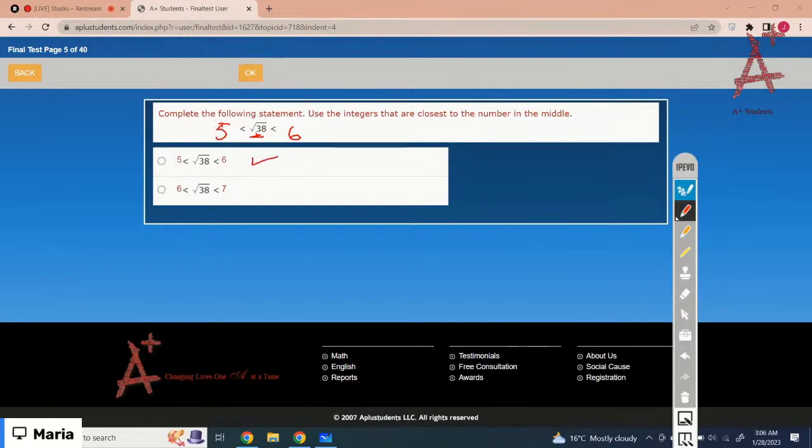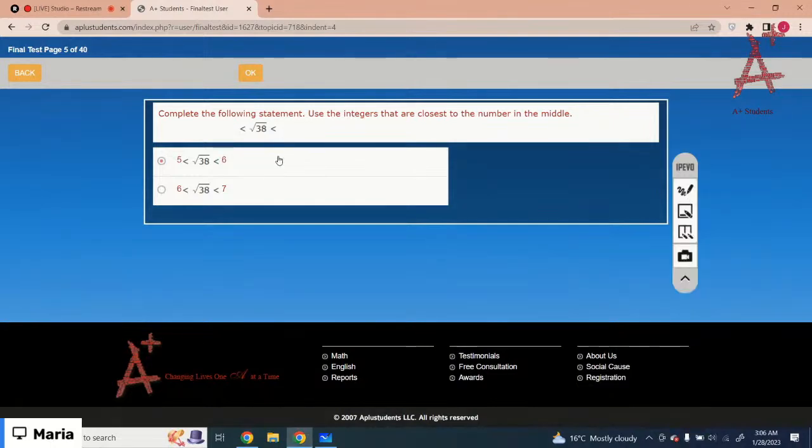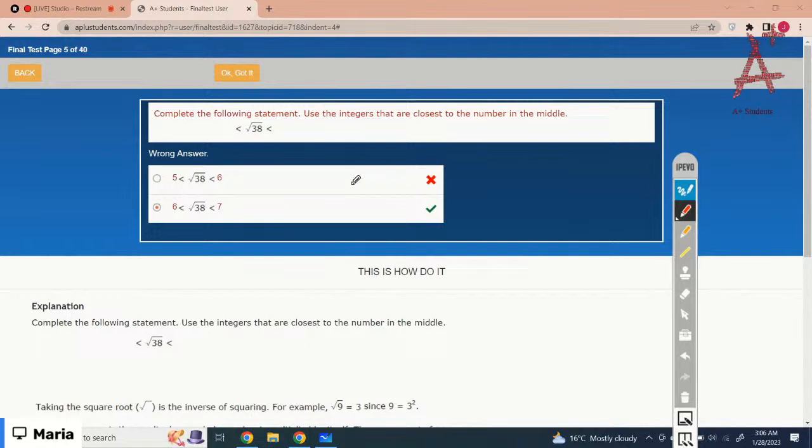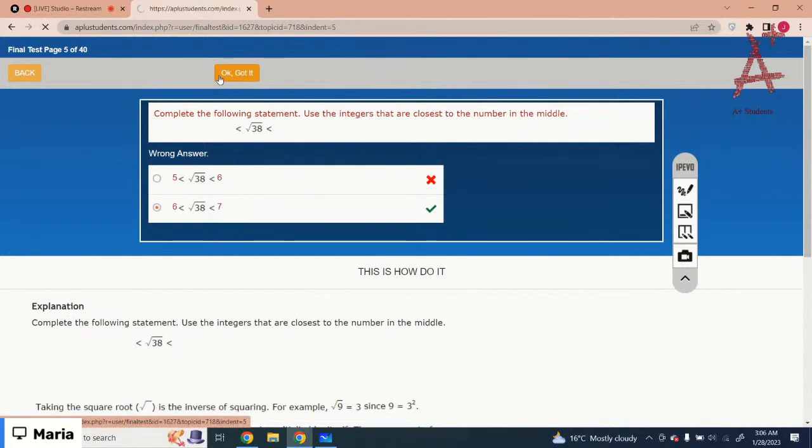Got it? So first option is the correct one. Square root 38 is between 5 and 6. Oh yes, sorry, 38 is greater than 36. Got it? So it must be in between 6 and 7, not 5 and 6. Sorry. The correct option is the second one.